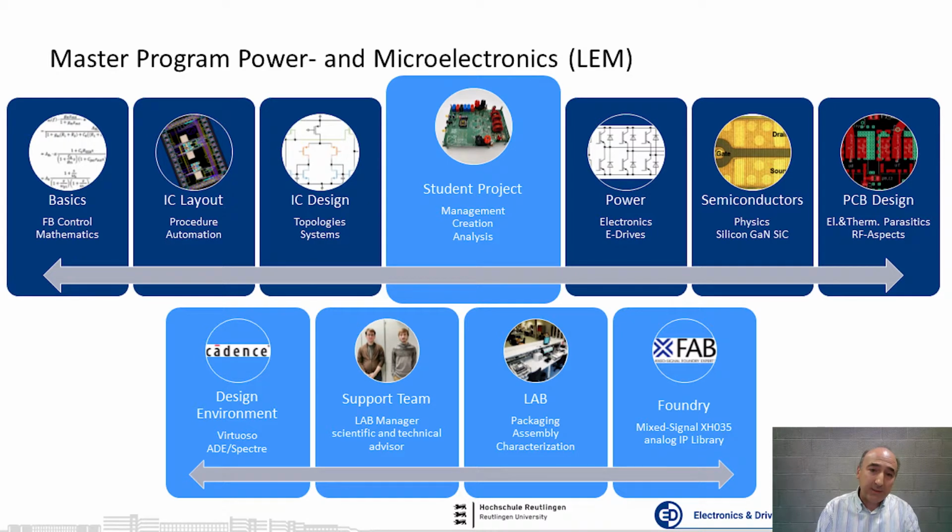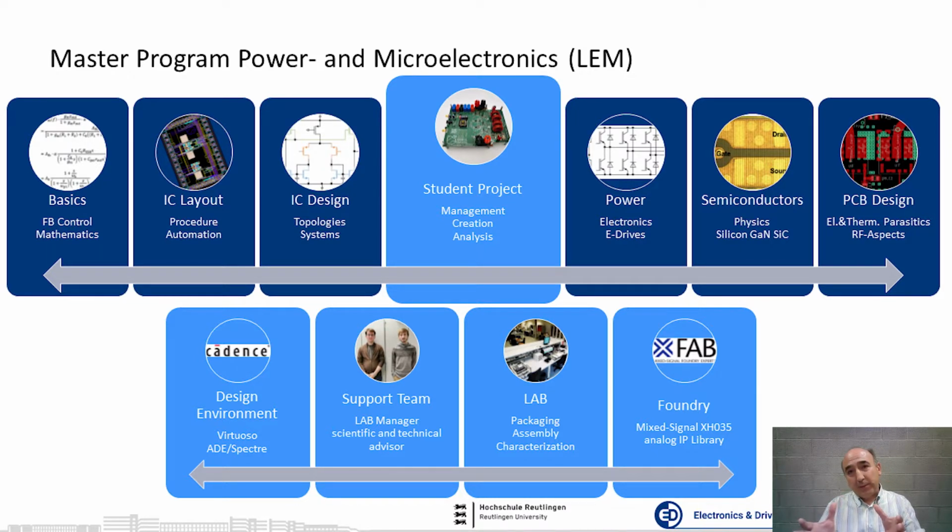In the IC design, you will learn what you need to know to be able to design an integrated circuit. Starting from the basic circuit structures, going to basic sources, and then going towards systems like low dropout regulators or switched capacitors, AD converters.